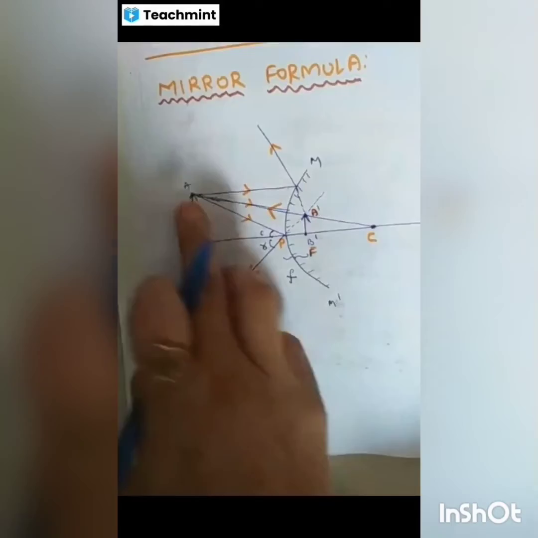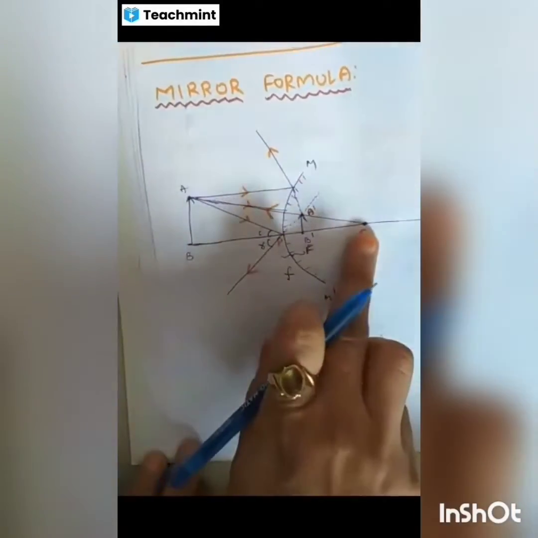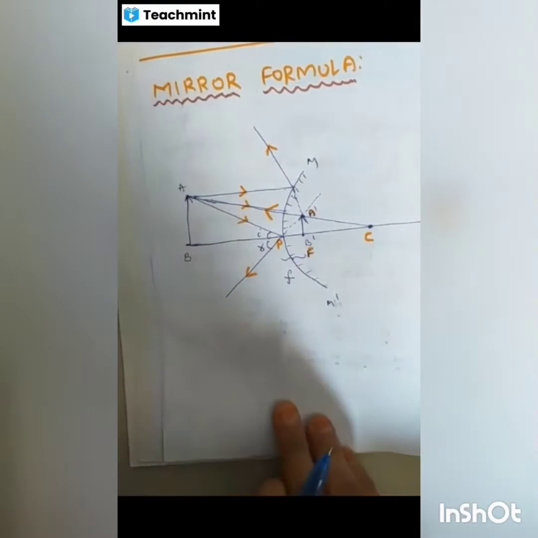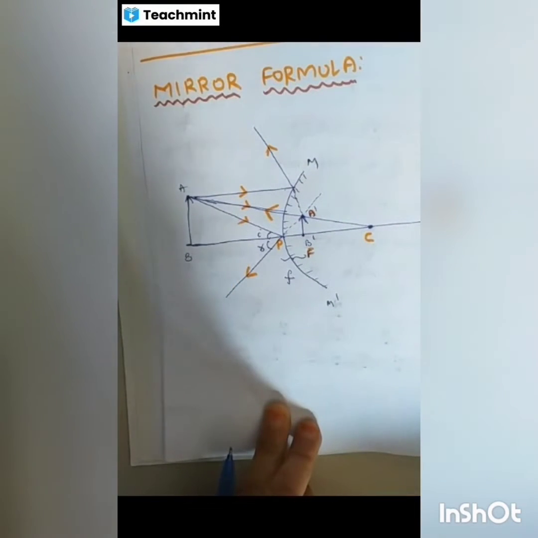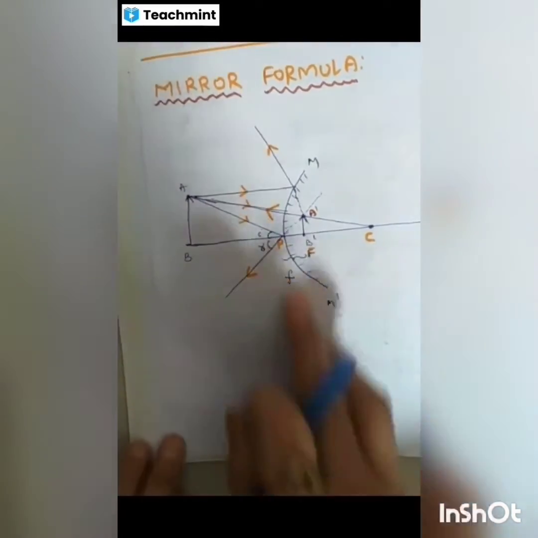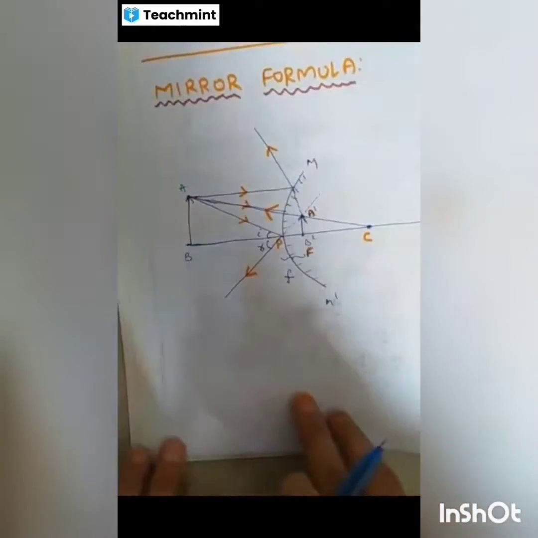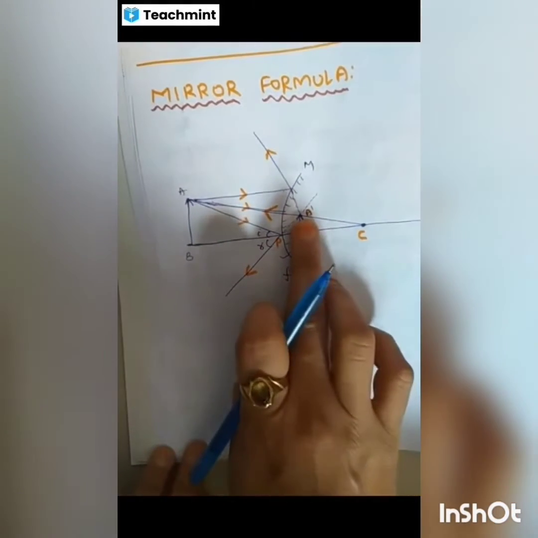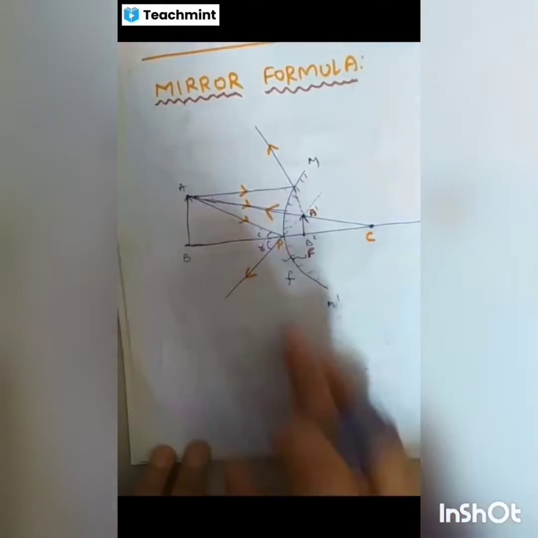So one incident at P, one at the center of curvature, one parallel to the principal axis. According to the properties, what happens when they are incident at the particular places, we'll get the reflected rays, and if we join all the reflected rays at one point they converge, so there we get the image.